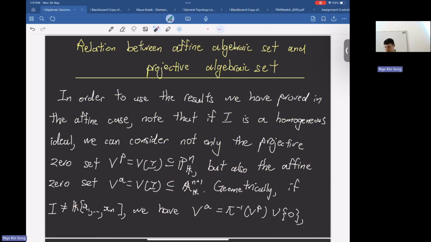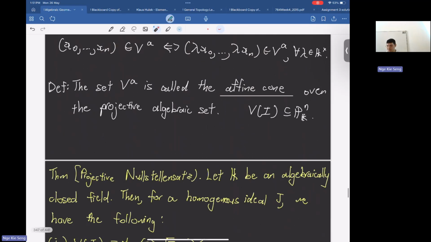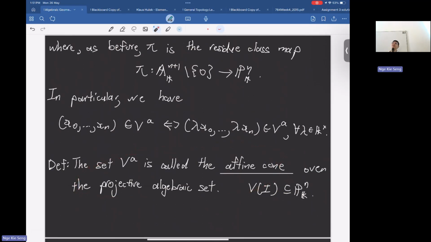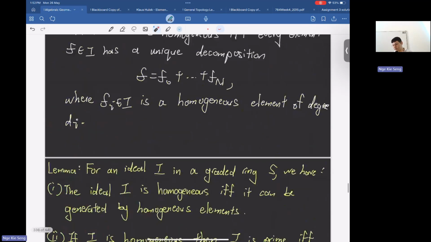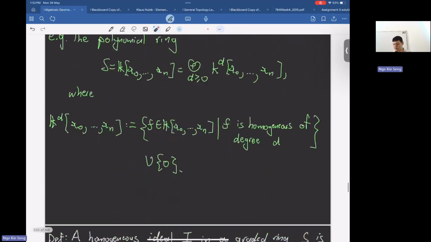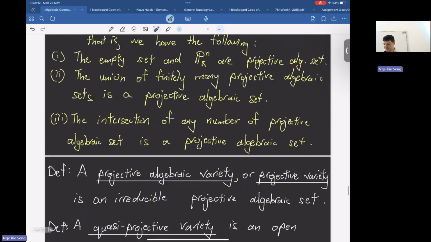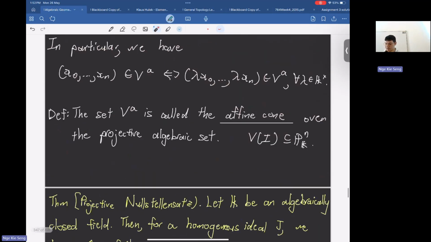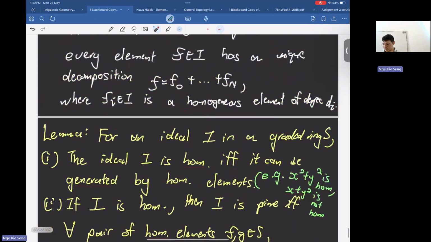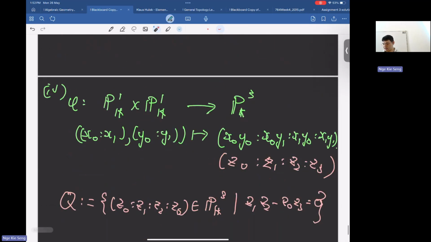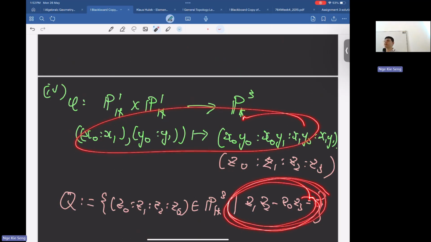So how do we go between them? We will use something called the affine cone. Actually, the origin, the zero, is the key point here. If you look at the example I gave you just now, you can easily see this equation in the affine setting.